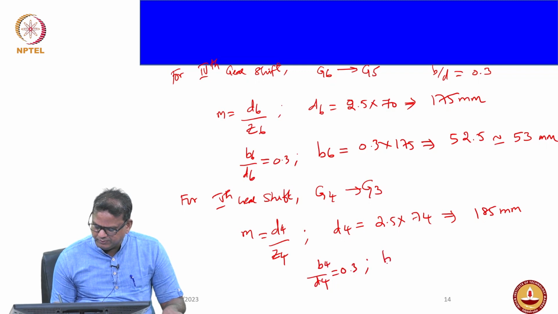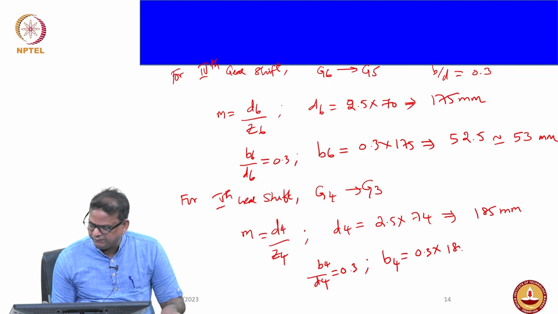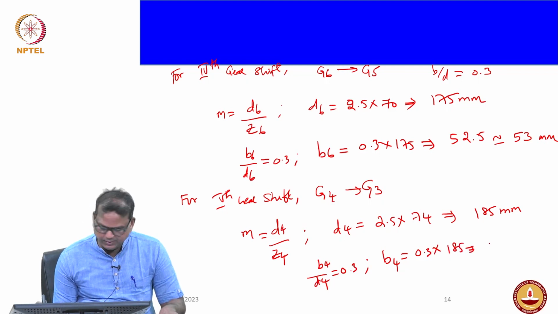From here B4 would be 0.3 times 185, which gives 55 millimeters.